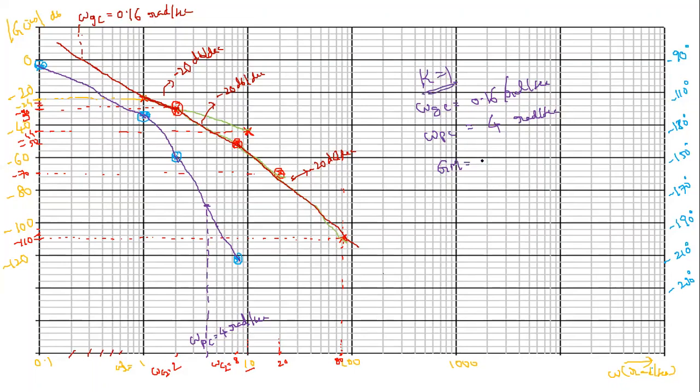What is the gain margin? It is minus 20 log of the magnitude at omega PC. See, at omega PC, what is the magnitude? What is the magnitude value?